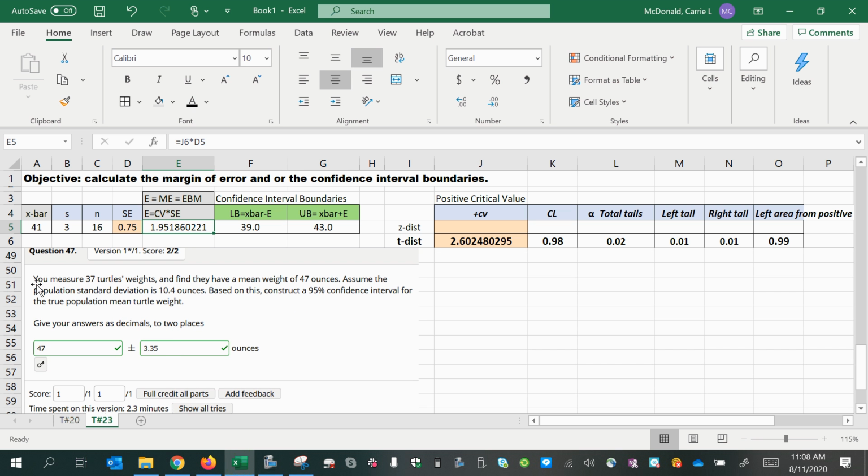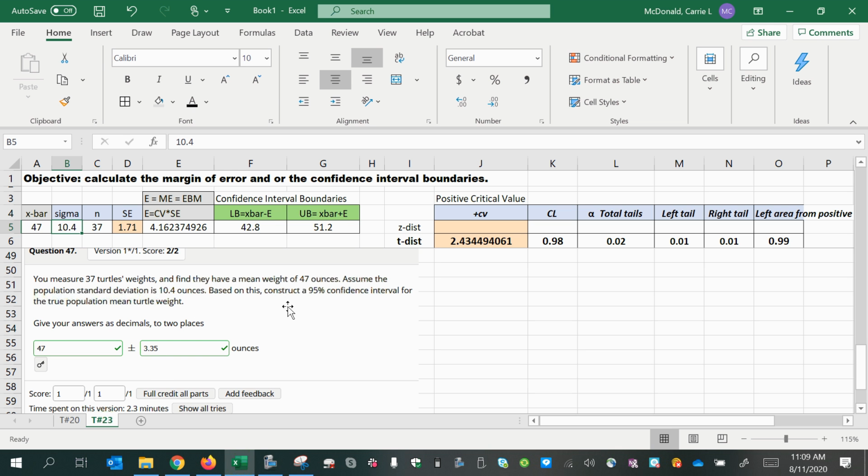Here's another one. You measure 37 turtles' weights, okay, so that's n, and find they have a mean weight of 47 ounces. Assume the population standard deviation is 10.4. Okay, so now this is no longer the sample standard deviation, this is the population standard deviation.